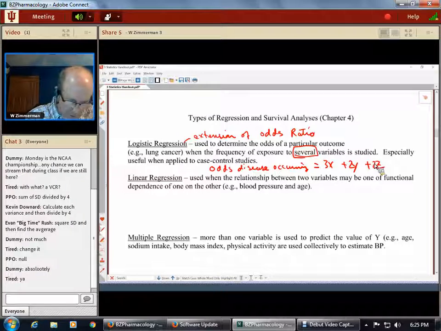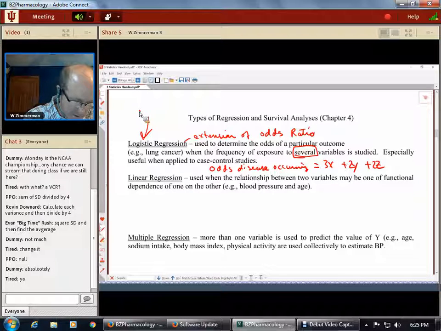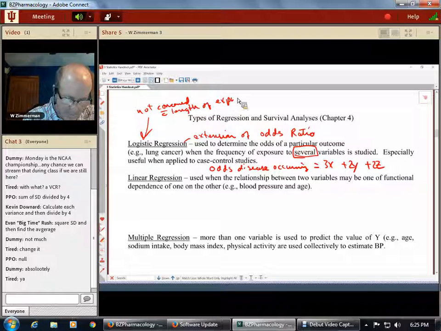Notice that when we look at logistic regression, it doesn't concern itself with time. A cohort study, where you follow people for 20 years, that looks at time. But this is not concerned with the length of exposure. But it can give you some very interesting results.